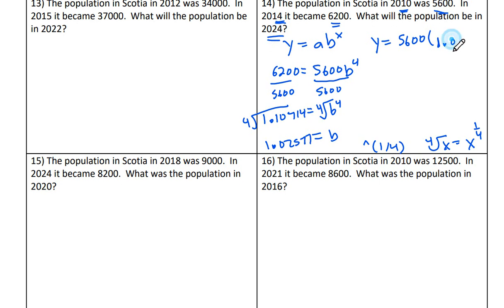So I pop in my rate, and I pop in my time. From 2010 to 2024 is 14 years. Now I type all of that into the calculator and get a population of 7,997, rounding up.